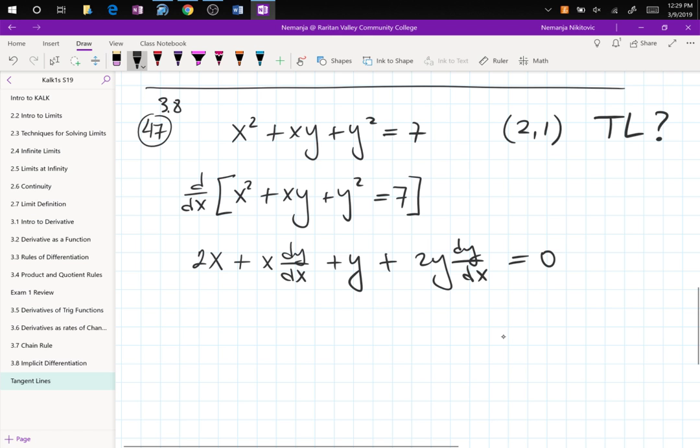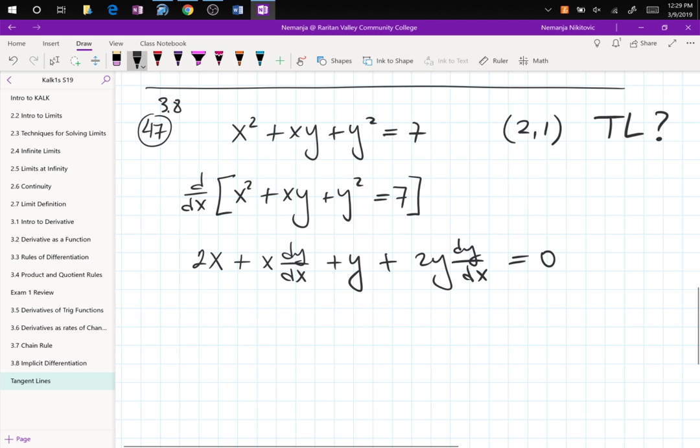Now, here is the $1,000,000 step, which can significantly reduce your calculations and mistakes. You do not have to solve it for dy dx when you're doing the tangent line, because each dy dx becomes m if you plug in the points right away.